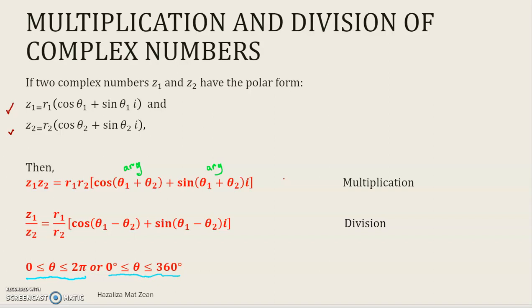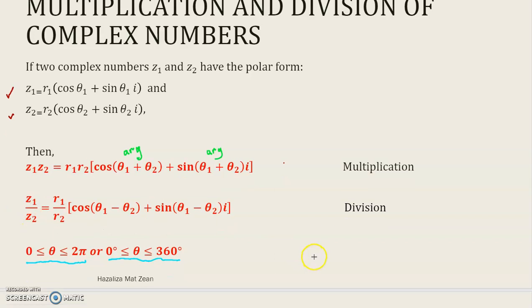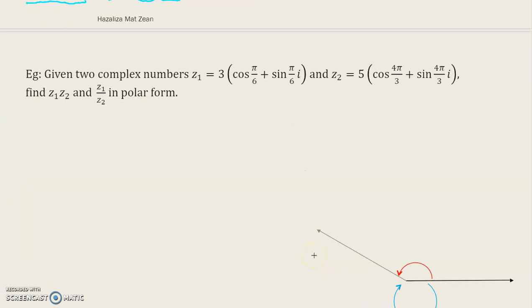So if you have theta 1 minus theta 2 and you get a negative angle, then you have to modify it so that it will be within this range. The theta must always be a positive angle, between 0 and 360, or between 0 and 2 pi.